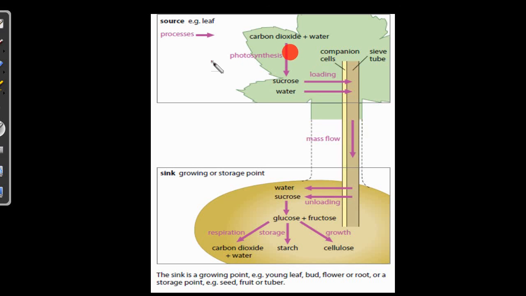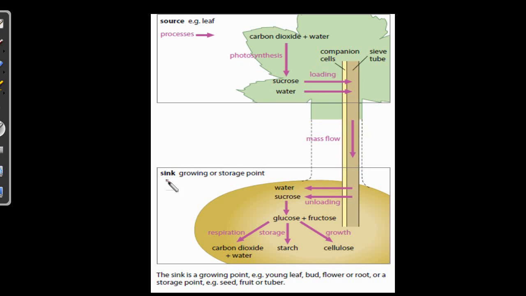Photosynthesis takes place in the source cell, which is the leaf. Carbon dioxide plus water, and sucrose is made. Sucrose loading takes place into the sieve tube through the companion cell. Here mass flow takes place because of the pressure difference, the hydrostatic pressure.